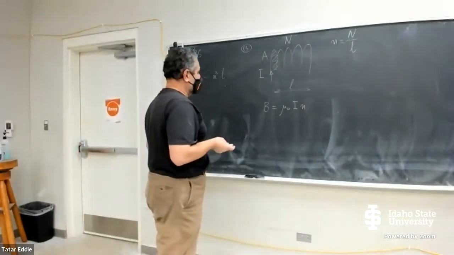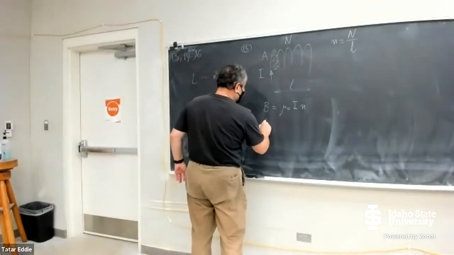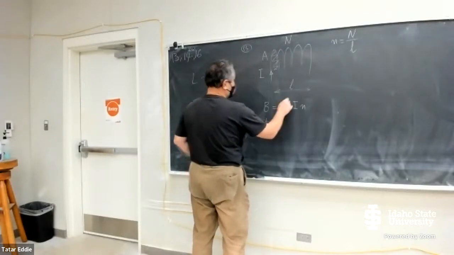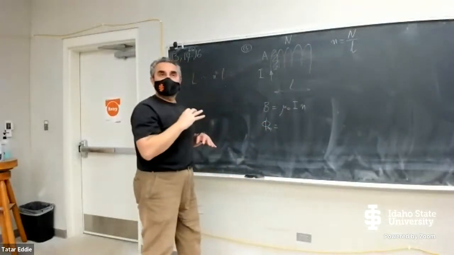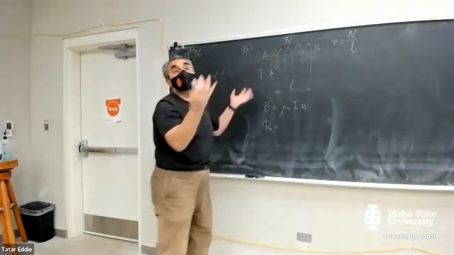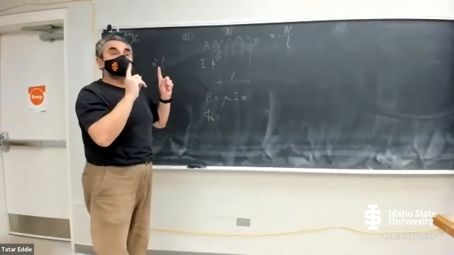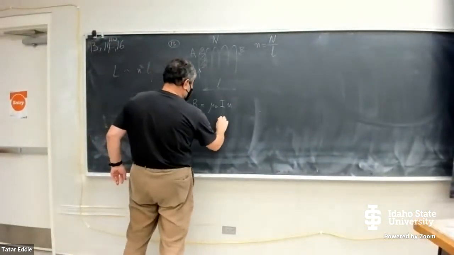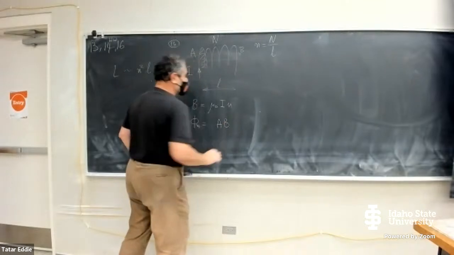Well, if this is the magnetic field, the magnetic flux that goes through a single turn is going to be, so this magnetic field, of course, is this way, parallel to the axis of the solenoid, either in this direction or in the opposite direction, depending upon which direction the current is flowing. But the magnetic flux through a single turn of the solenoid is going to be the area of that turn multiplied by the magnetic field.